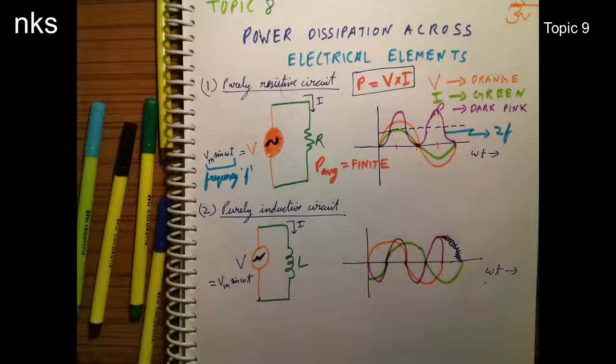But in a purely inductive circuit, the P average, that is the average of the power waveform, is 0, because the part below the x-axis is equal to the part above the x-axis. So positive and negative cancel each other. So the average is 0. That is, actually no power is dissipated across the purely inductive circuit. This conclusion is very important.